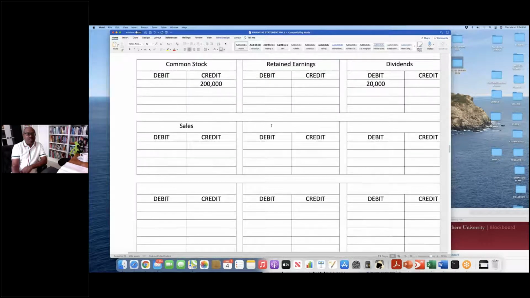So we had rent expense, correct? So what's the rent? The rent is debit. For how much? 25,000. Okay. So Desiree, go ahead and post yours.